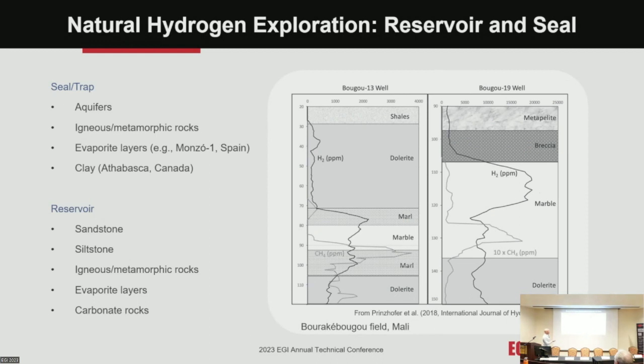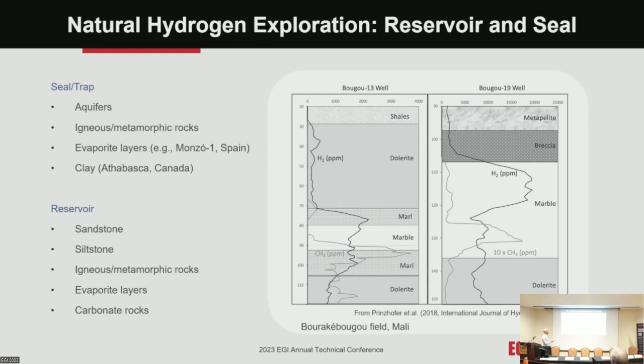What I want to show is that dolerite, again, the igneous or metamorphic rocks, behaves as a seal here. But in a different well, the seal you have is actually an aquifer, so water within this breccia. So this is a huge difference from petroleum systems.